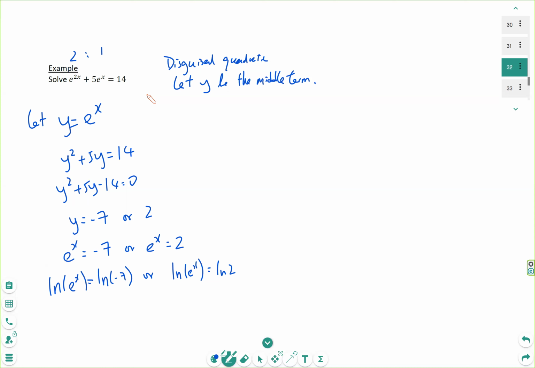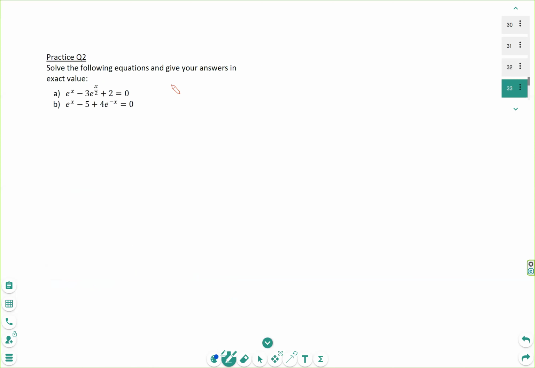Now, what you realize is you can't take ln of negative 7, so there's no solution for that one. So ignore it. So ln of e to the power of x, x equals ln 2 is the only solution. So not all quadratics have 2 solutions. This one only has 1. All right? Easy peasy.